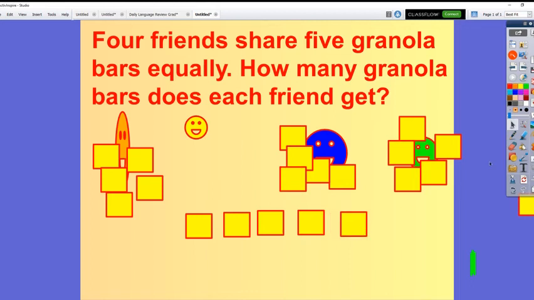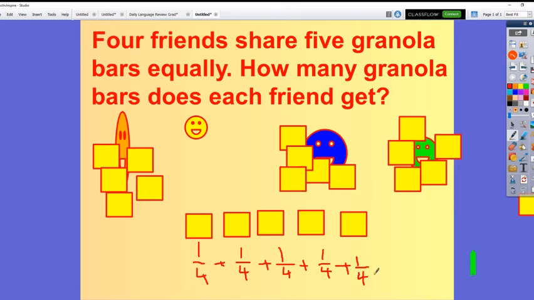The way this would look mathematically is it would look like this. 1/4 plus 1/4 plus 1/4 plus 1/4 plus 1/4.